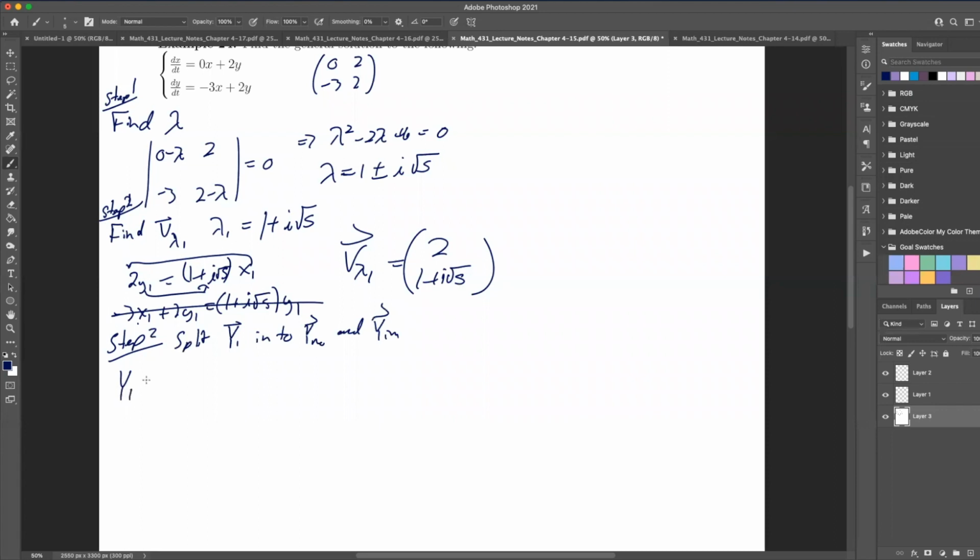So here we have y1 of t is equal to e to the, so this one's positive, plus i square root 5t. That looks like an 8. Let's try that again. 5. There we go. I'm going to split this into the real and imaginary parts.